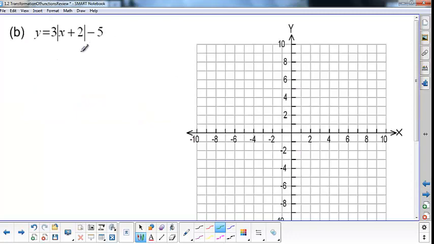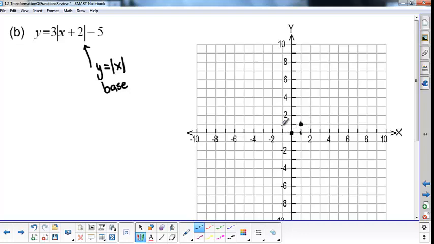an absolute value example. Same thing as last time. We'll start with our base graph, which is the absolute value graph. Now remember, with the absolute value graph, whatever you put in is going to be the positive value. So if I sub in positive 1, I'm going to get a y value of 1.